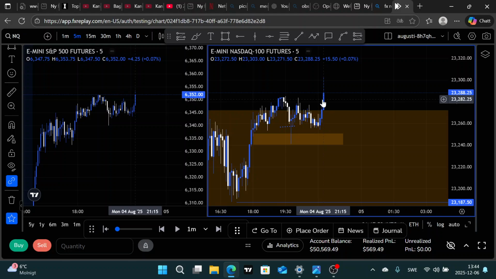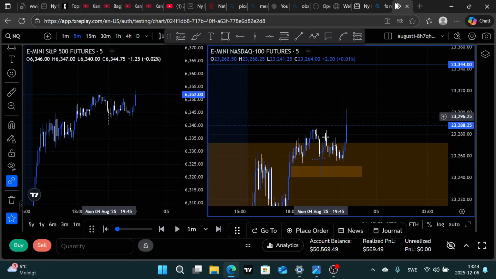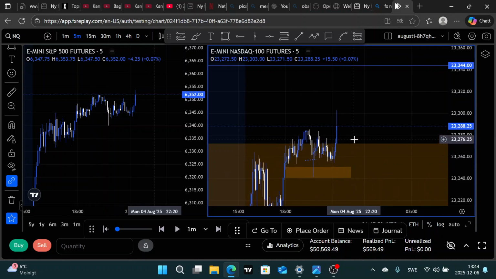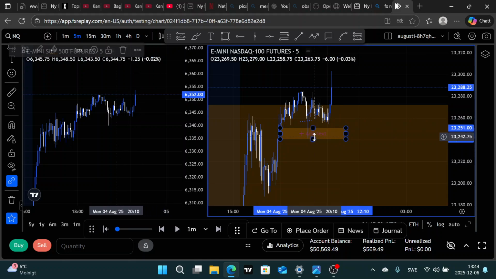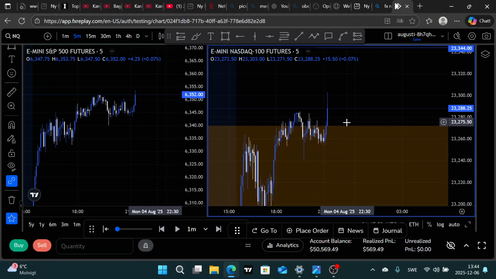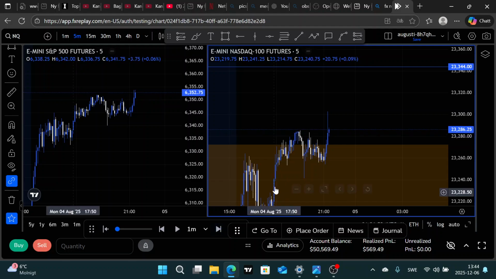But since we are bullish in the higher time frame, the probability is higher that we go higher. We always follow the bigger time frame. Here we go.